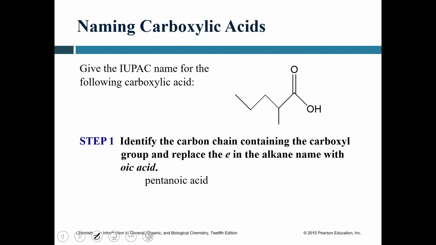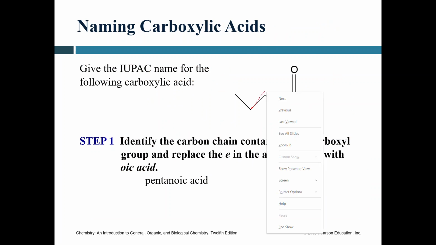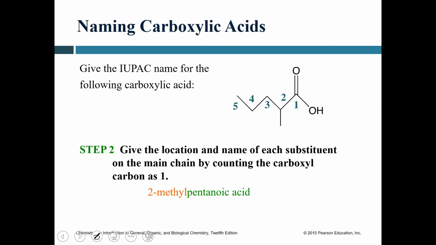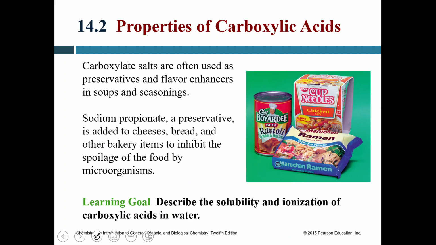So let's take a look at the longest chain here that contains the carboxyl, and that will be 1, 2, 3, 4, and 5 carbons. So it's pentanoic acid. Now we need to number the substituent. It's going to be at the second carbon, and the substituent is methyl, so 2-methylpentanoic acid.